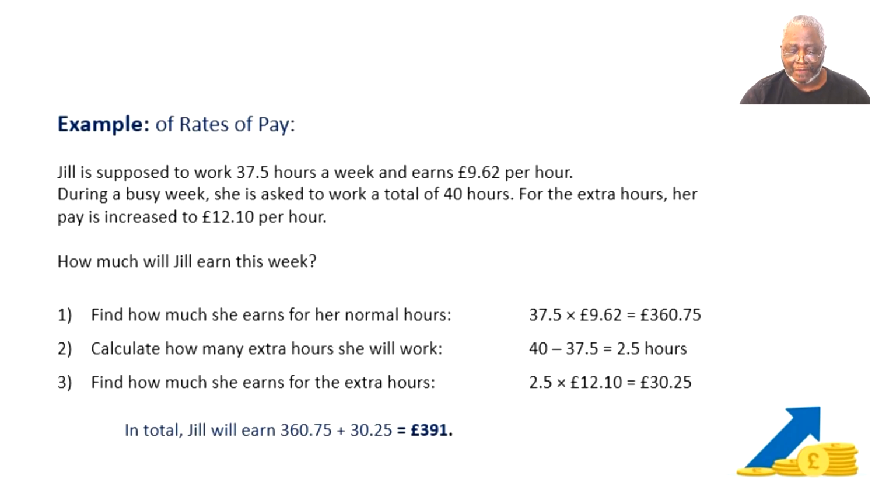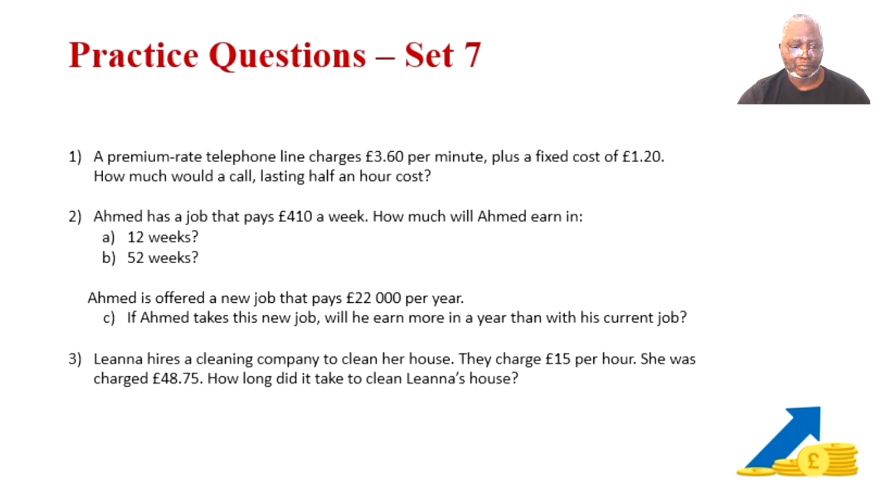So that 2.5 hours, you apply it to the £12.10, which is the rate for the extra hours. So 2.5 times £12.10 is equal to £30.25. In total, Jill will earn £360.75 plus 30.25, which is equal to 391 pounds.